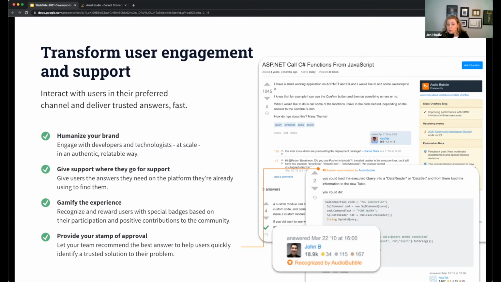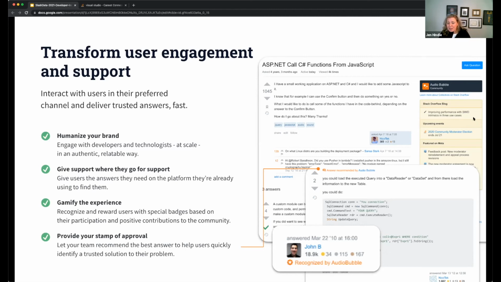You have the opportunity to recognize members of the community that have contributed and you deem as subject matter experts, as well as your employees who are on the platform as well. And you can see that badge down at the bottom there, what that looks like as a recognized member of a particular collective. Audio Bubble is our demo community here that we use for these purposes.